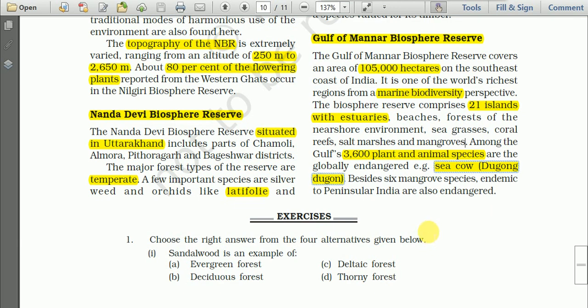Besides, 6 mangrove species endemic to Peninsular India are also endangered. So here in this Gulf of Mannar, some mangrove tree species which are native in this region are also endangered. So these are about the biosphere reserves.